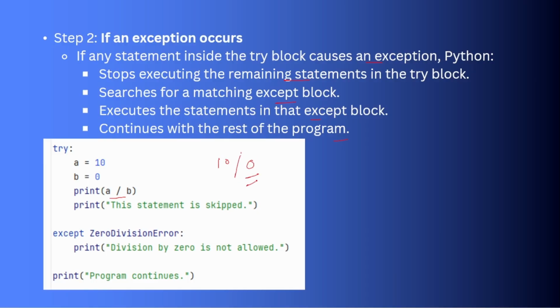So this division is not possible. When the control comes here and tries to perform this division, it will encounter an error. So the control would shift from here to this except block, and it will print "division by 0 is not allowed", and then it will print "next program continues". So this a by b division is not executed. This is how exactly the flow works.